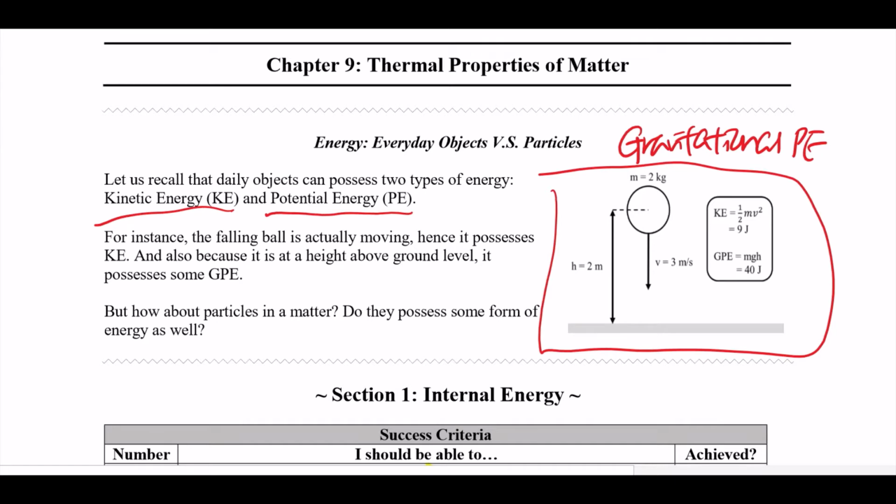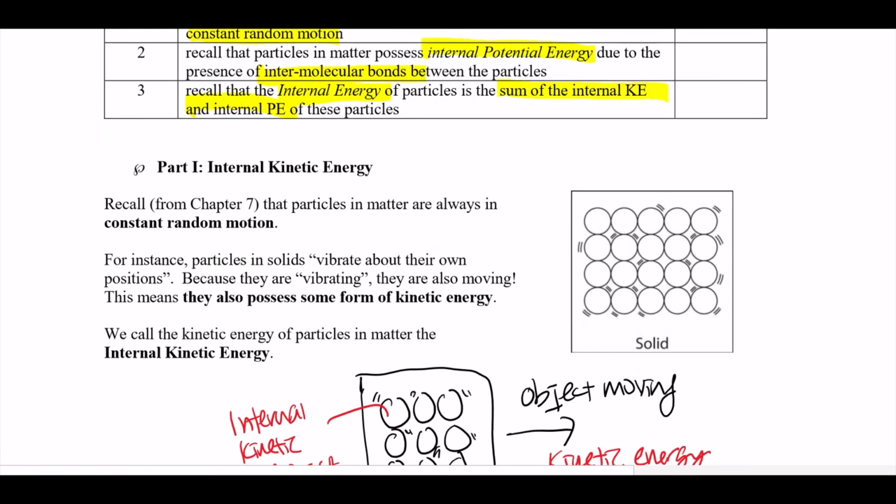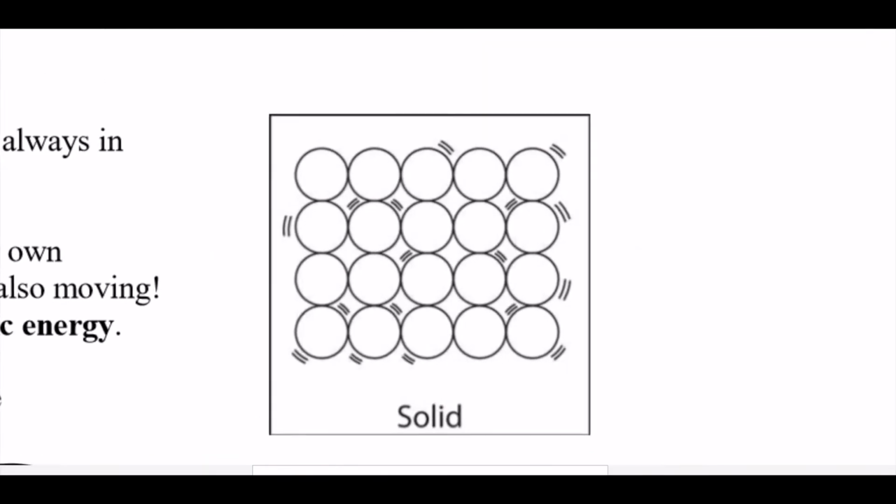Recall a little bit: KE is due to the object moving. So any object that's moving should have KE, and any object that is at a height above the ground should have some form of potential energy, namely gravitational potential energy. And if we recall from chapter 7, particles in a substance, let's say a solid, are constantly moving.